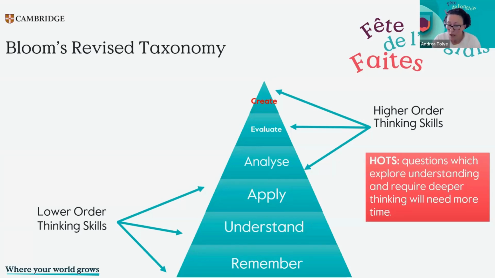So I think it's important to say that this model is hierarchical, and all of these skills matter, from the lower order skills, remembering, understanding, applying, all the way up to analyzing, evaluating, and creating. They all matter, but it gives us a wonderful opportunity to think, how can we develop them?